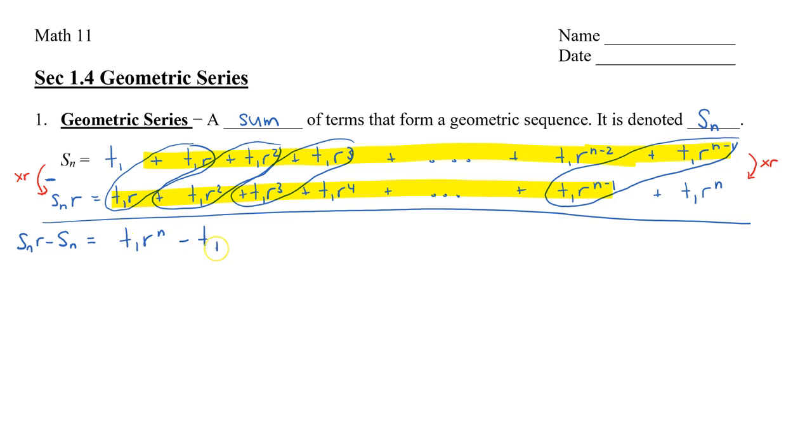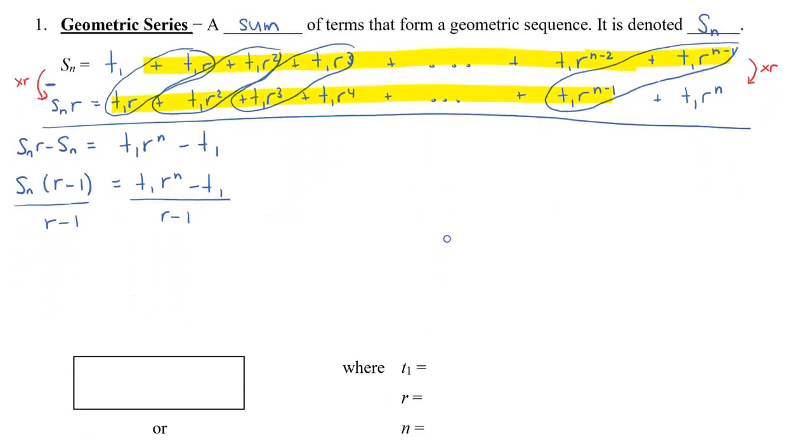All right, so now on the left side, I'm going to factor out Sn. So I have R minus 1. And then on the right side, I'm just going to leave it. Okay, and then I'm going to divide both sides by R minus 1.